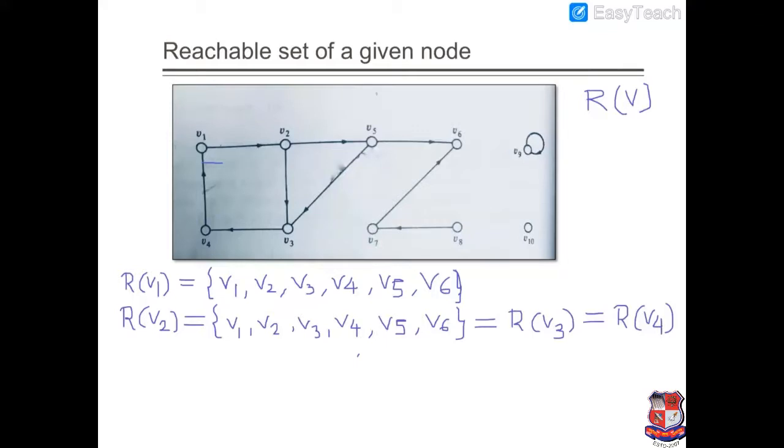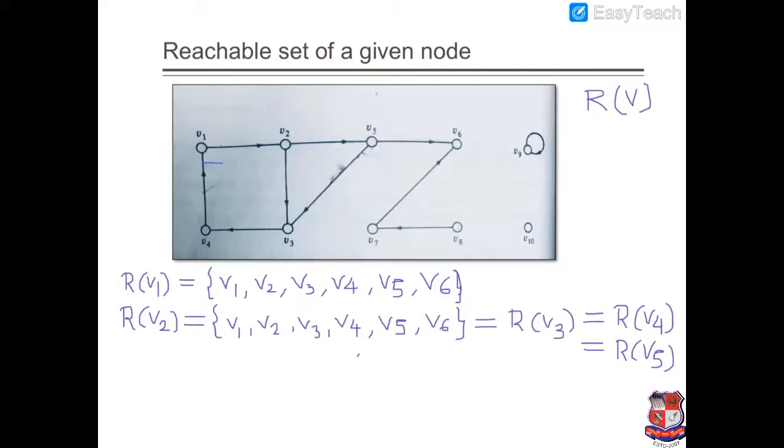And now the reachable set of V5. V5 is reachable to V4 by this path. It is also reachable to V3, V1, V2. Therefore, it is also equal to the same set. Now, what is the reachable set of V6?